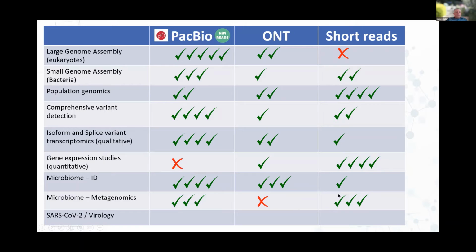A lot of people still fall back to Illumina though, because the throughput again is higher for metagenomics, and you do need more sequencing. The last one I'm going to put up here is SARS-CoV-2 sequencing, and PacBio have just released a new assay for SARS-CoV-2 sequencing, where they use molecular inversion probes rather than an amplification-based strategy, which allows them to get around any problems you might have of detecting new variants of SARS-CoV-2.